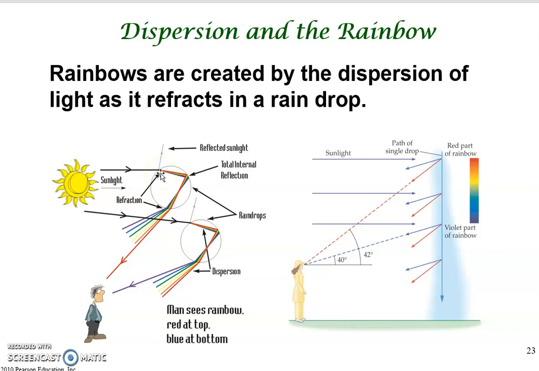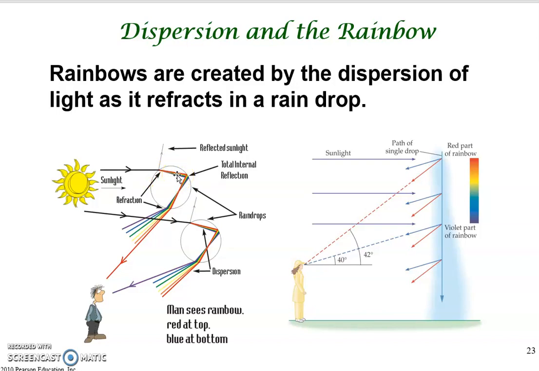Some of the light will be reflected, but that is not shown in the figure here. At the first refraction, the light is dispersed into spectrum colors, and they spread outward. The red one is deviated the least, and the violet is deviated the most. But this is only for the first one.